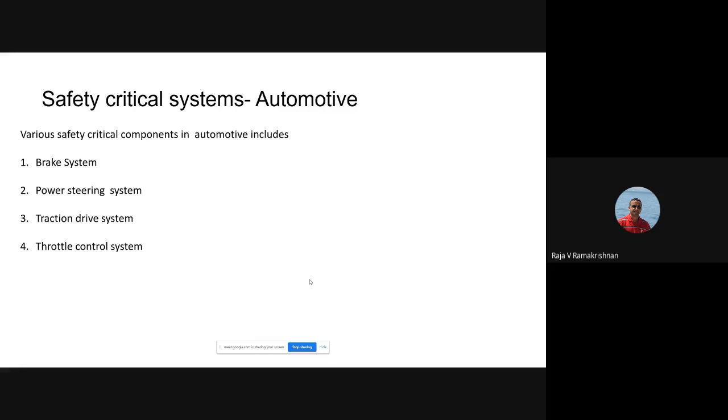These are primarily considered safety critical components in the automotive industry. This is the area where safety is integrated to make sure we have a good safety critical system. I'll be taking power steering as an example in this presentation too.